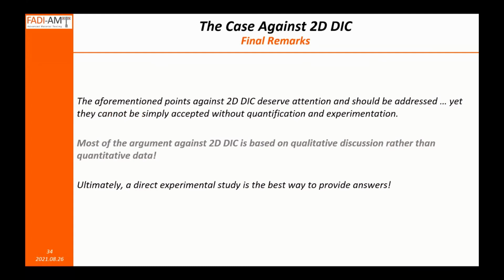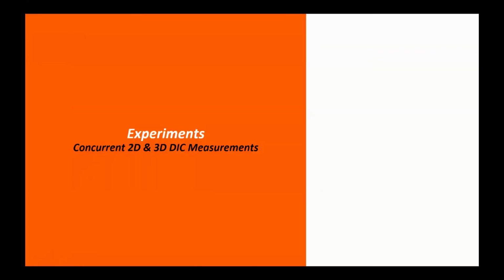And we've noticed that most of these arguments against 2D DIC could be qualitative and not really quantitative. So we decided, why not perform an experimental study and put these arguments to the test and provide some real quantitative answers. And that leads us to the experimental section here, or experimental part of our study.